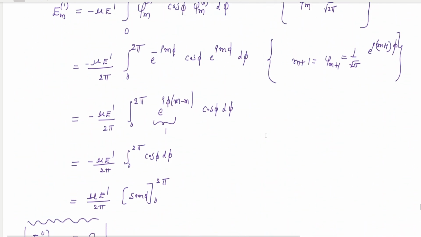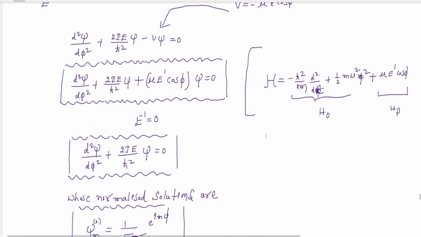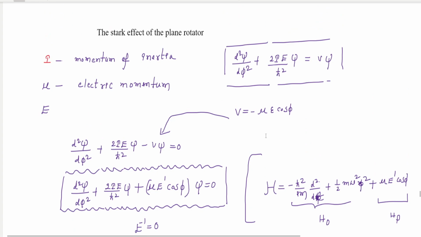So what is the actual problem we are going to face in research areas? As I discussed, the field is static. If you place an atom in a static electric field, because of the electric field, the energy levels are influenced, so some perturbation terms are generated.